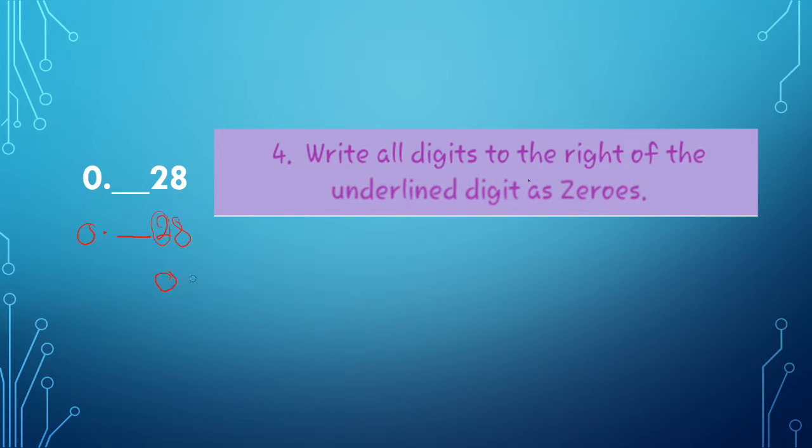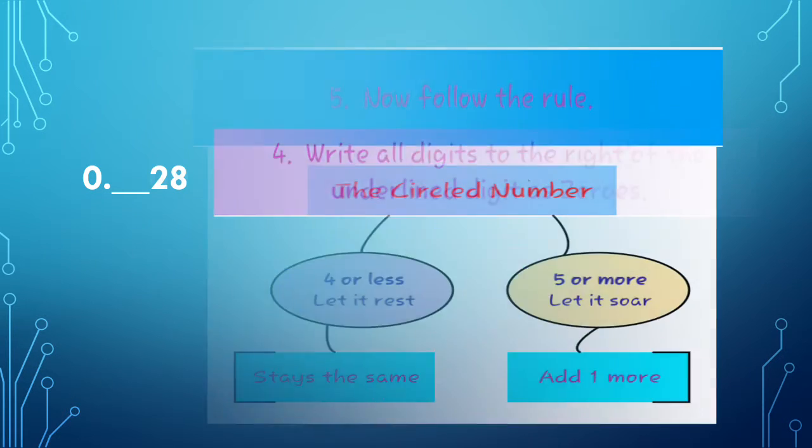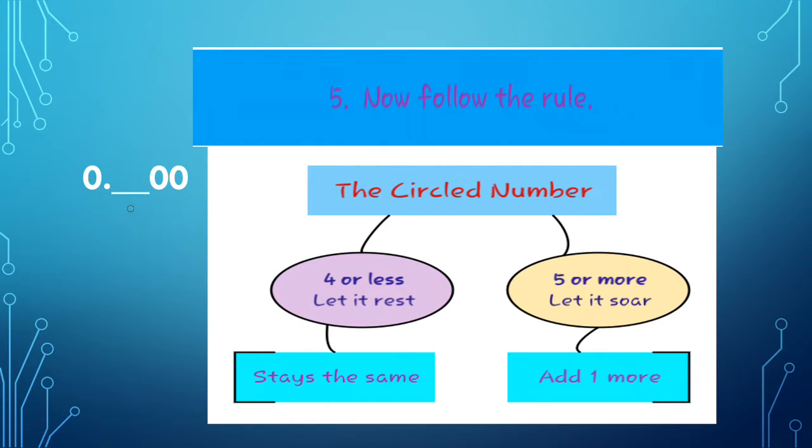We write 0, 0. What is missing is the underlined digit, which is the place value where we want to round.